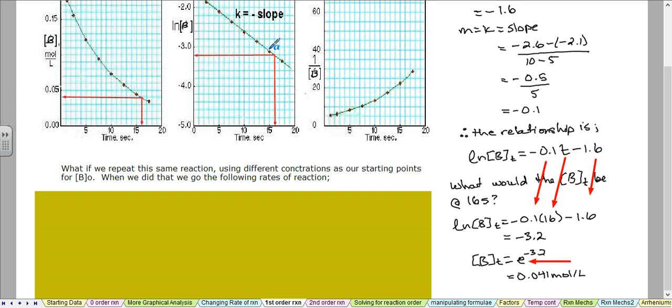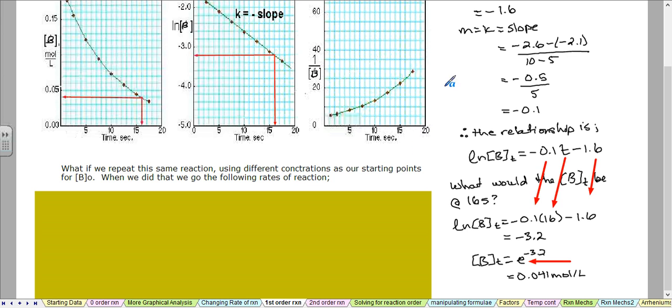Try another point along the graph and one outside the graph and see if you get the correct results. What we're going to do after that is take a look at some more experimental data and see if the rate of reaction was affected by changing the initial concentration.